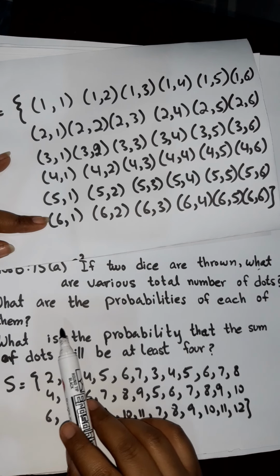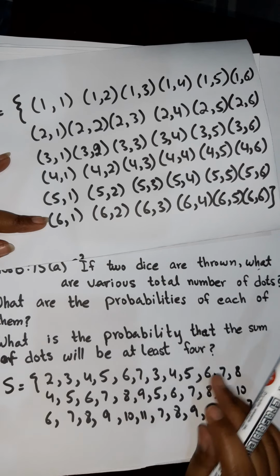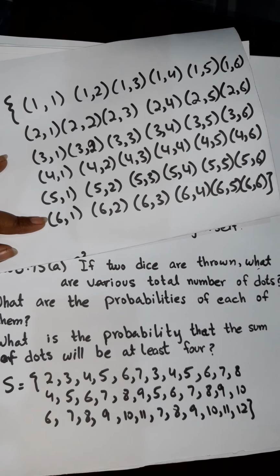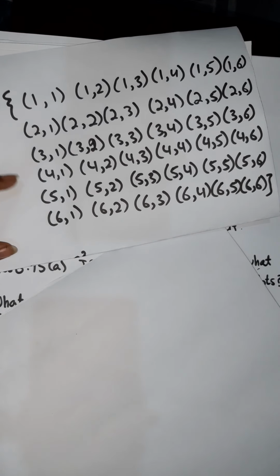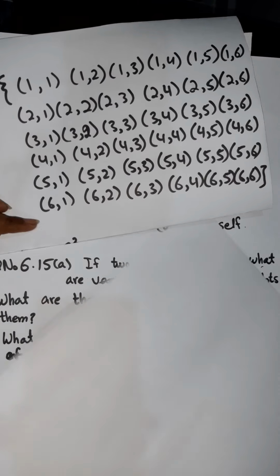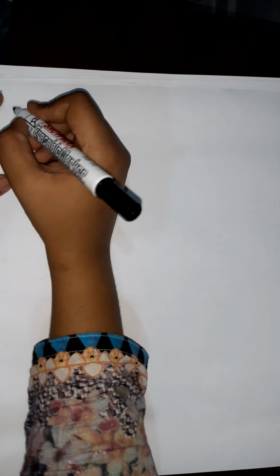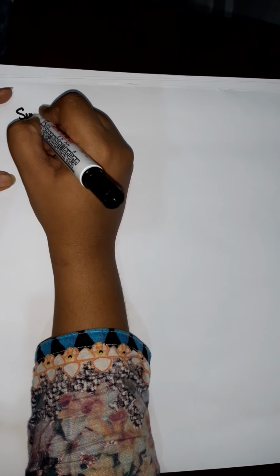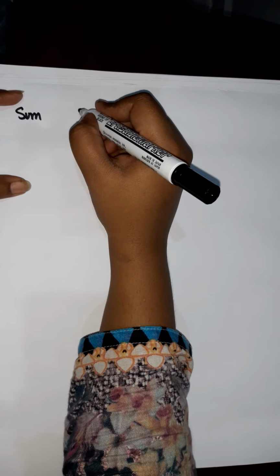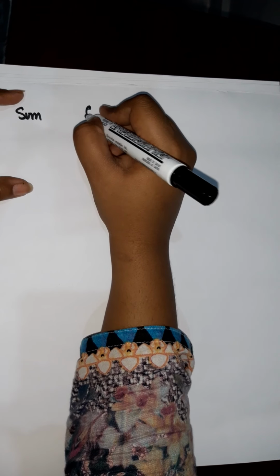And now what are the probabilities of each of them? To calculate the probabilities of each of them, we will construct a table. The first column is of sum, possible sums.